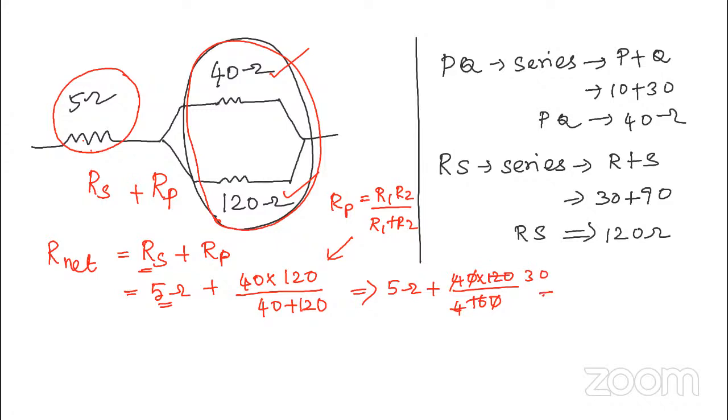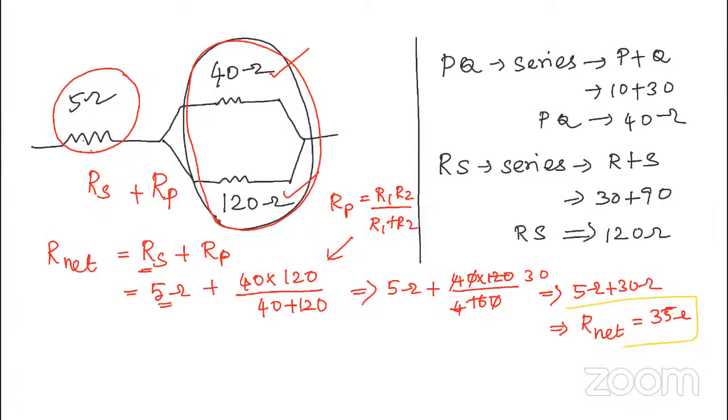So this is equal to 5 ohm plus 30 ohm. Taking 30 as RP, what do we get for the net resistance? That is 35 ohms. Okay, 35 ohms.